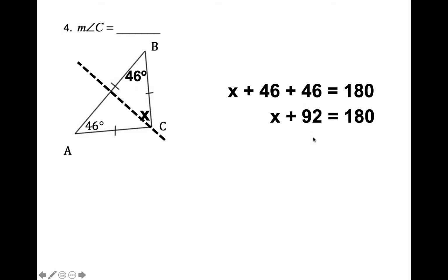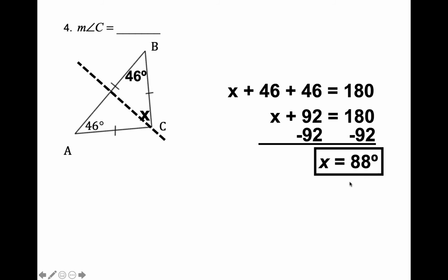Now, if you recall yesterday, we said the angles of a triangle add to 180 degrees. So x plus 46 plus 46 equals 180 degrees. We can combine like terms, so 46 plus 46 makes 92. And then subtract the 92 over. 180 minus 92 is 88. And notice x is 88, so angle C is 88.